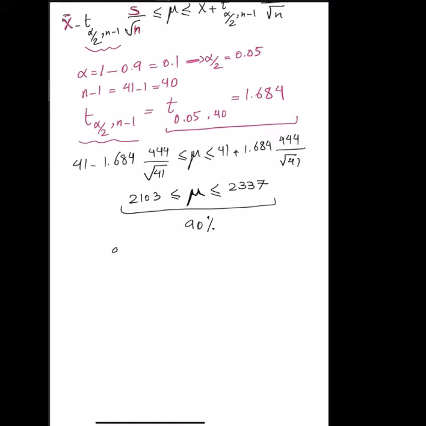Exactly. We are 90% confident that the unknown mu falls somewhere in this interval. This is how you have to basically say it or interpret it.